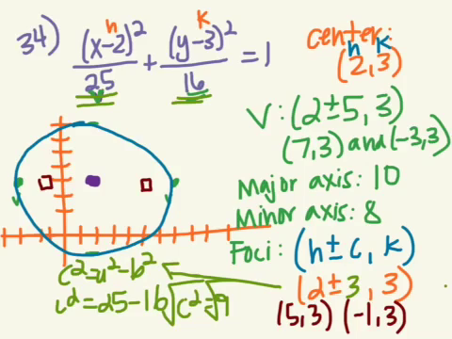It's not a bad idea to graph it when you're done. I just look at it because those foci should always fall along the major axis. Your vertices, your center, and then your two foci should all fall in line with one another. The only thing going the other way is your minor axis.